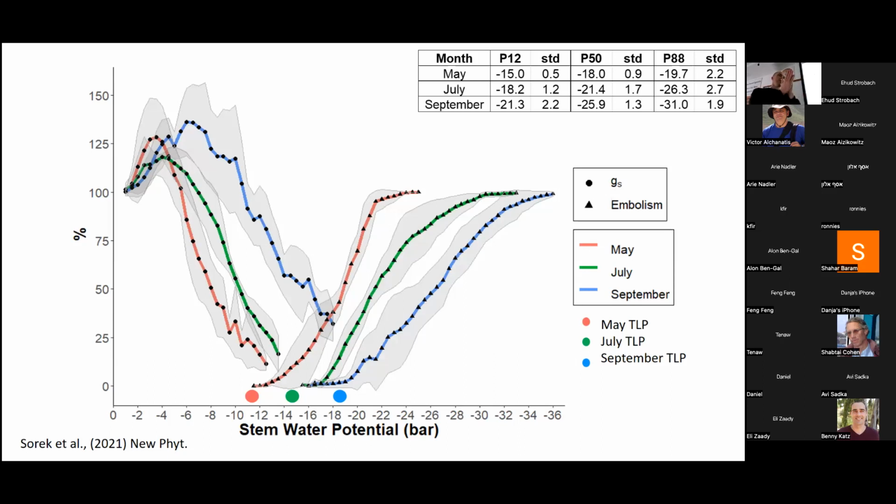The pit membrane is a thin membrane that separates one vessel from another. Water has to flow from vessel to vessel through a pit membrane. And the thinner it is, the more vulnerable the xylem element is. So we have shown that it becomes thicker through time. But I don't know if it's only that. I have other explanations, but it's going to be too long.